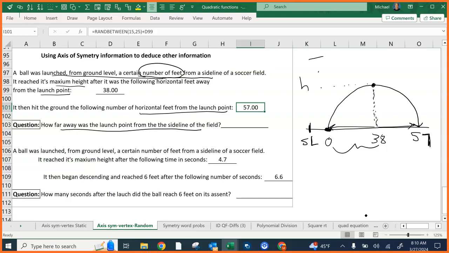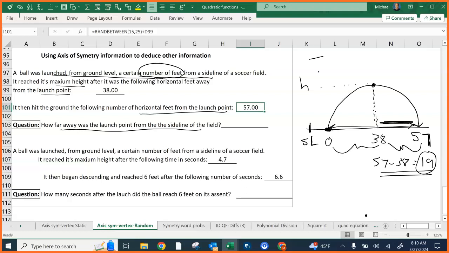Okay, so how far away was the launch point from the sideline of the field? What does that mean? It means that from here to here is how far, guys? So 57 minus 38 is equal to what? That would be 19? Oh, I see what it is.